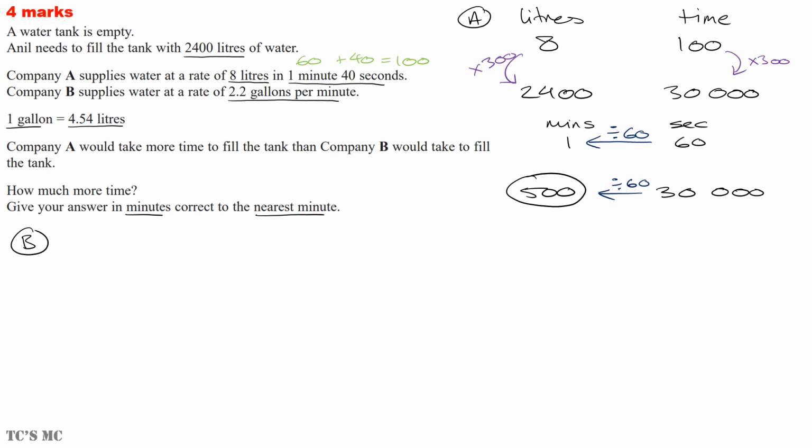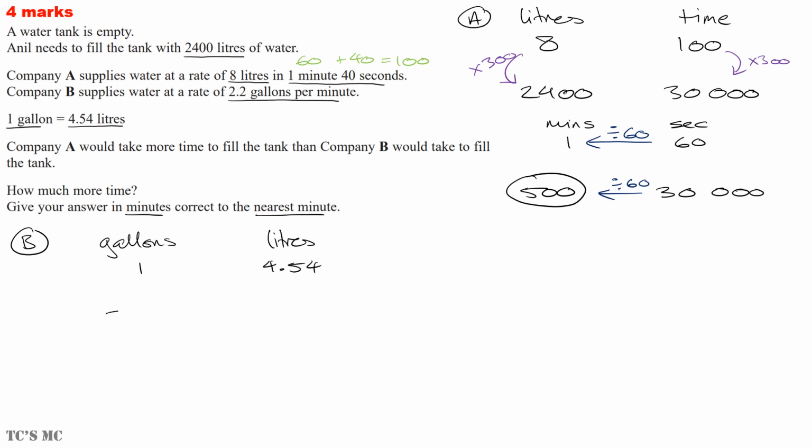Now moving on to Company B. The rate is 2.2 gallons per minute. We need it to be in litres. So we have gallons and litres. 1 gallon is equal to 4.54 litres.